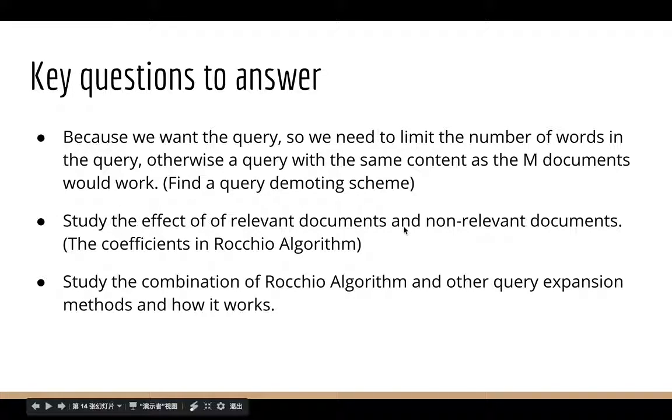I think no sane person will ever put in a query that is as long as a document to search for it. So we want to limit the number of words. And also we want to study the effect of the relevant documents and the non-relevant documents, and study the combination of the Rocchio algorithm with other query expansion methods.